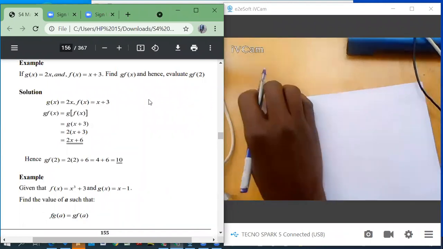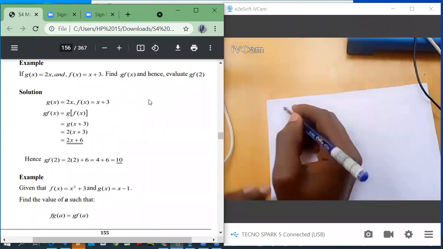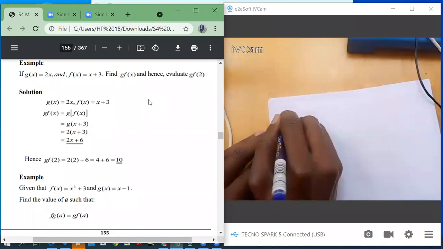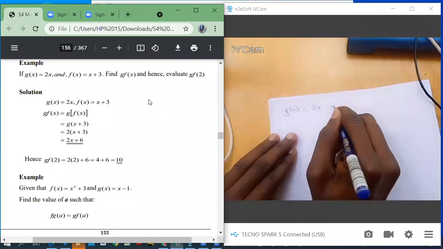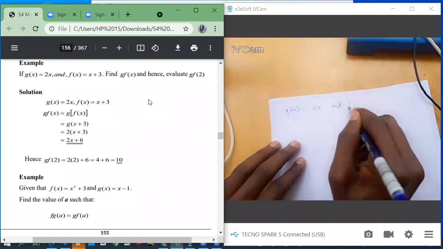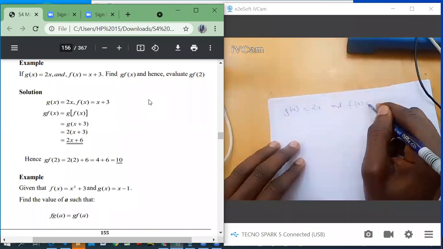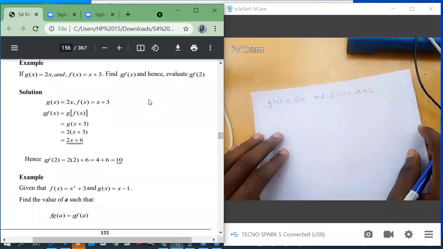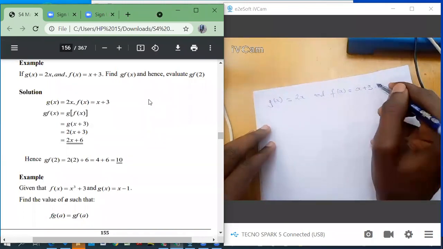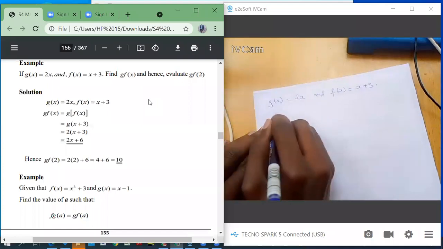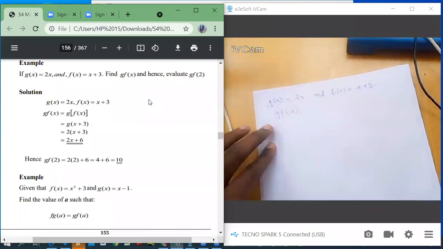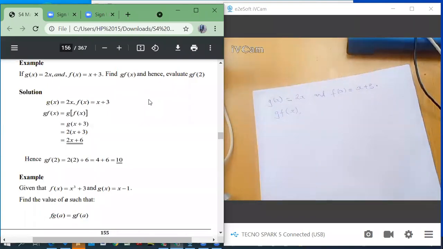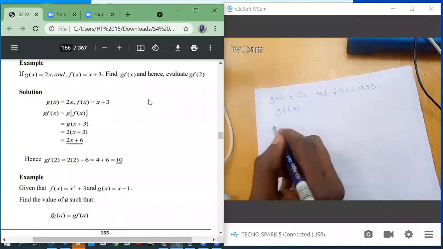The question is: g of x is given to be 2x and f of x is given to be x plus 3. Find g f of x, that is g of f of x. So what do we do there?